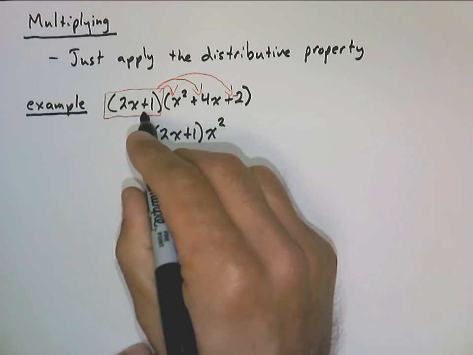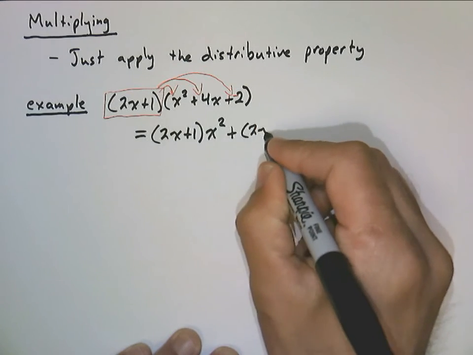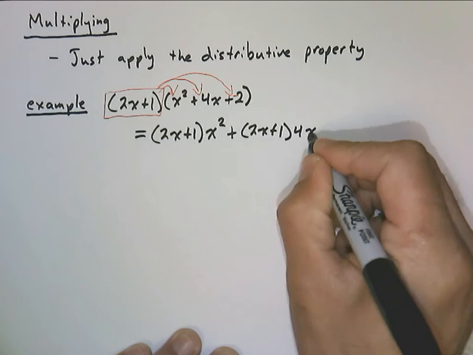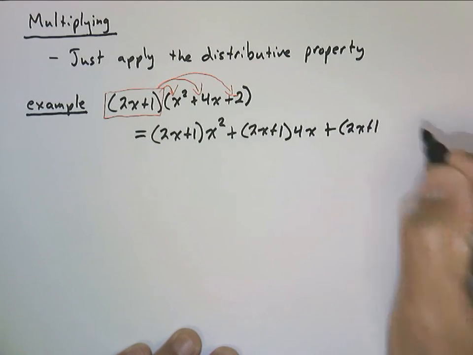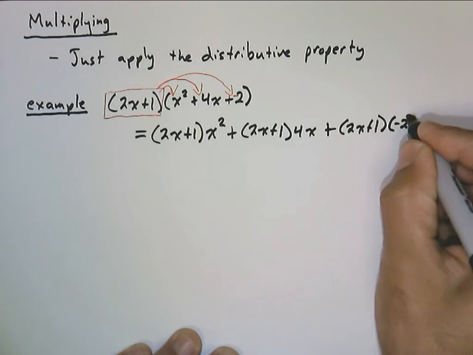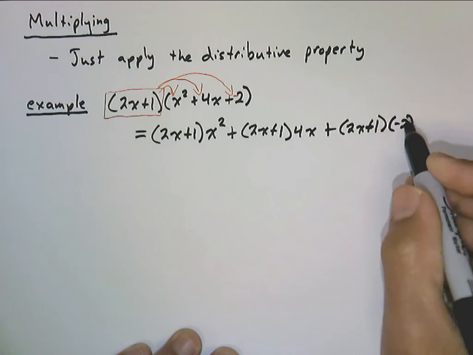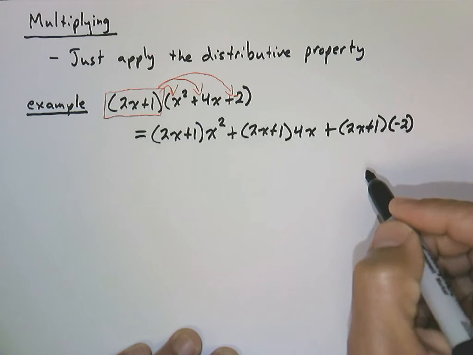So it's 2x plus 1 times the x squared plus the 2x plus 1 times the 4x plus the 2x plus 1 times the negative 2. Let me put it in parentheses here just so we don't accidentally think that negative sign is a subtraction. We're multiplying by negative 2, not subtracting 2 from it.